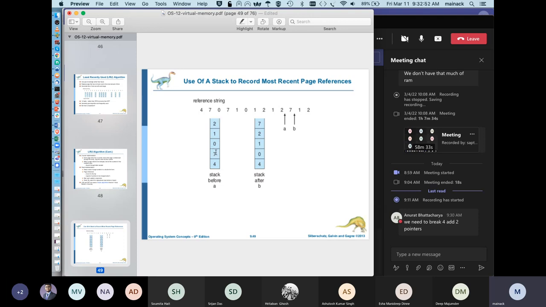So you will just adjust this double linked list. You break 4 pointers, 2 between 7 and 0, 2 between 4 and 7, and you add 2 pointers on top of 2 to change the stack. Any questions so far?